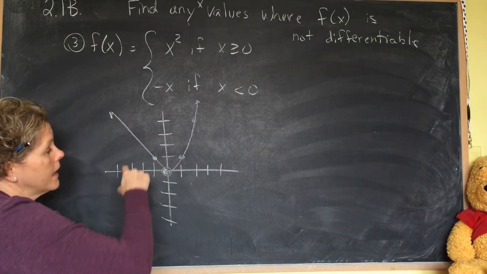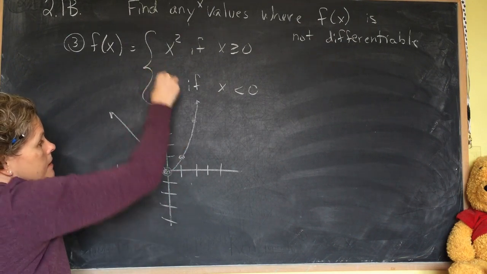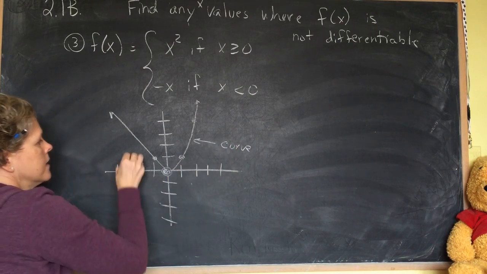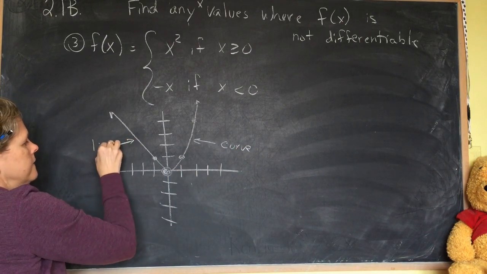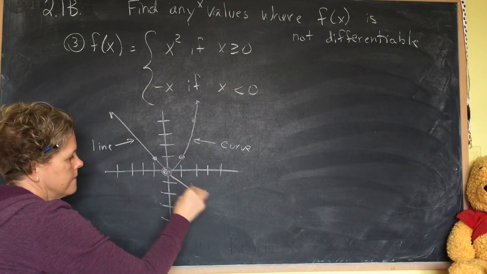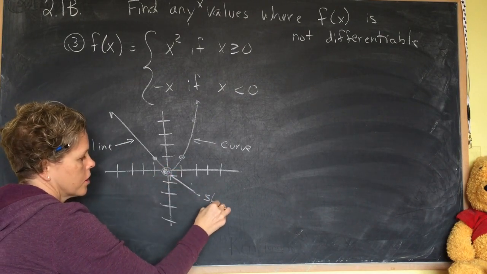Paying attention to what kind of graph you have is a big deal in this instance, because this is a curve and this is a line. When a line and a parabola come and meet here, that is a sharp turn.